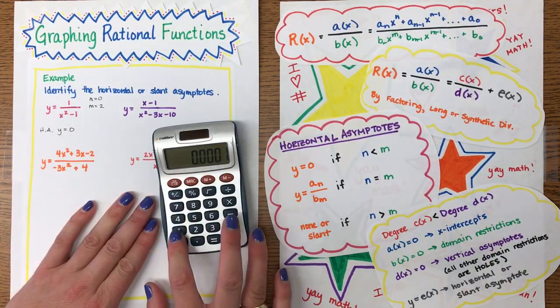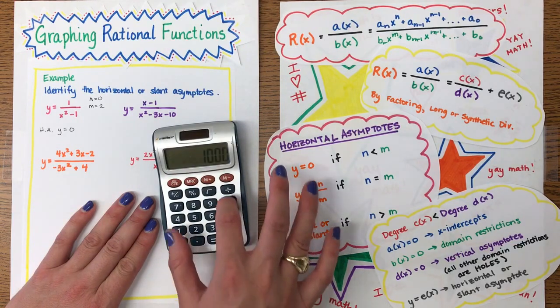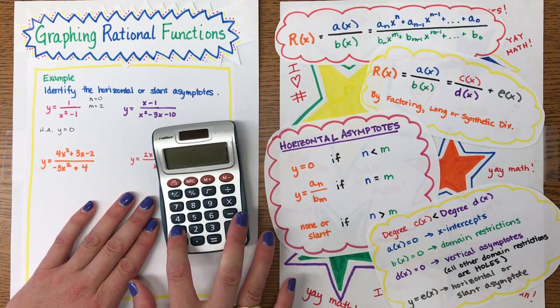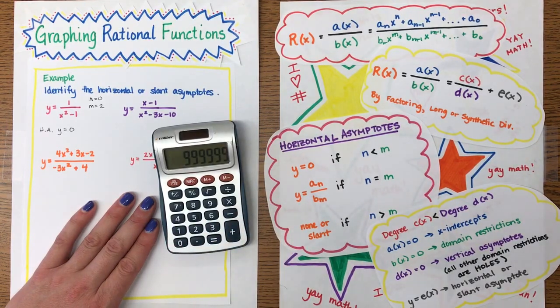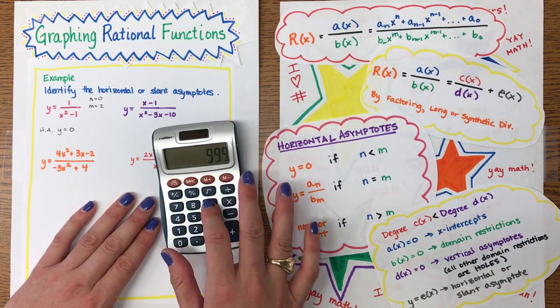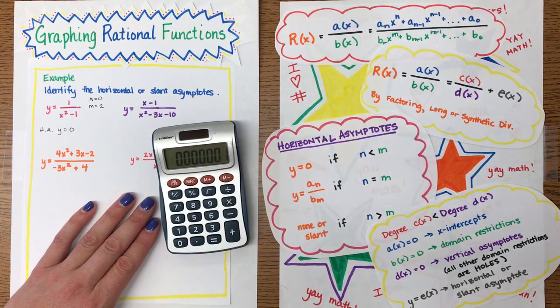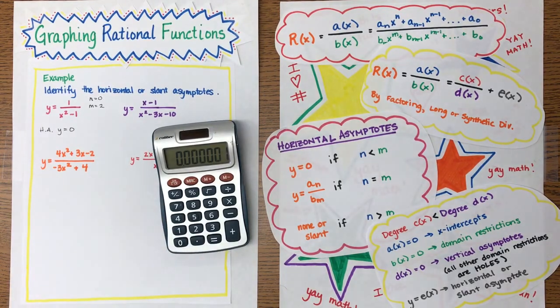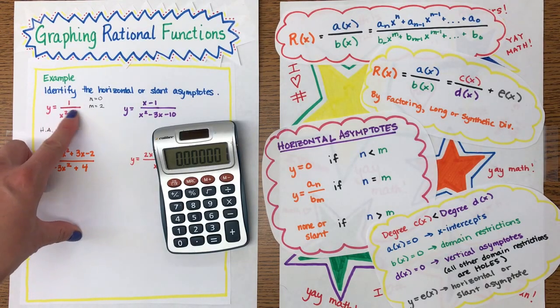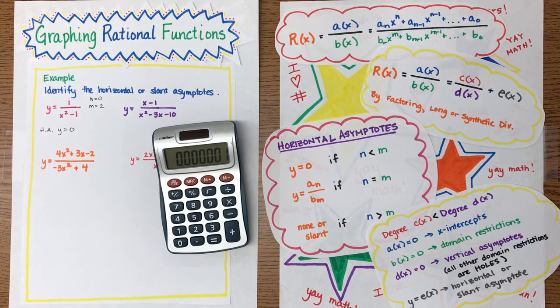If I take 1,000 squared minus 1, I have 999,999. So 1 over 999,999 is going to give me 0.000001. That's a really small number. This number is getting smaller and smaller the bigger x gets, so this whole piece is going to approach 0.